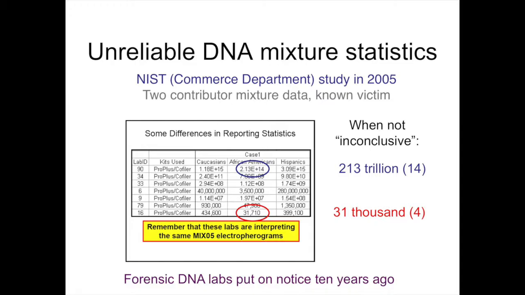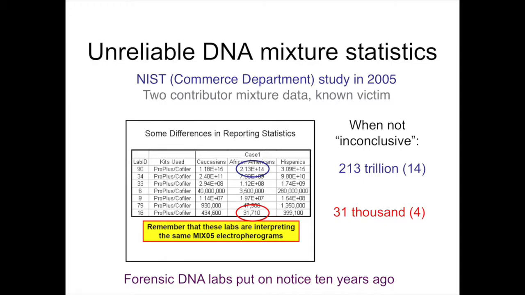Same data, many labs said that the number was in the tens of thousands. That was the smallest number. 4 zeros. 10,000 is a 1 followed by 4 zeros. There's a complete range of numbers. The biggest number was in the hundreds of trillions, a 1 followed by 14 zeros. So this was all over the map.